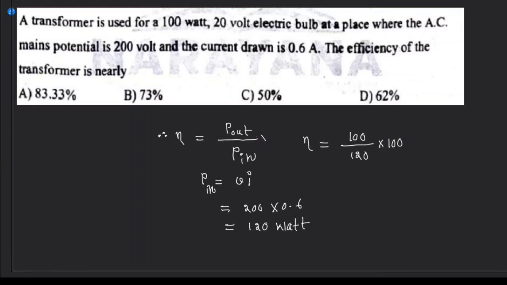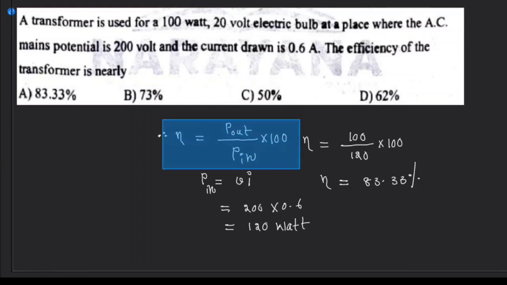That is the efficiency formula, into 100 to find the percentage. Therefore eta or efficiency is equal to 83.33%. Clear? That is the answer for this question. Question is easy, only the efficiency formula.